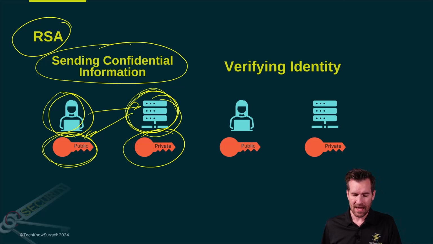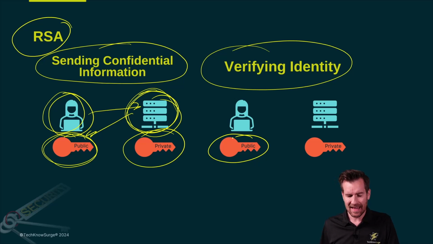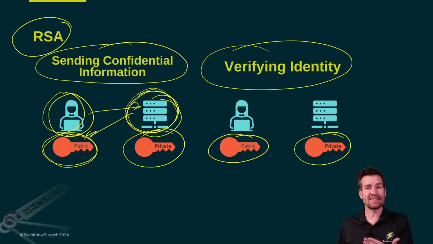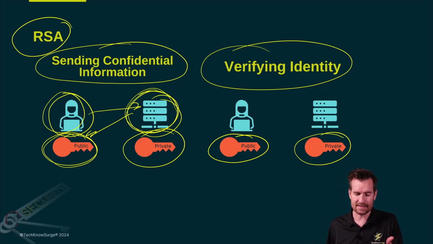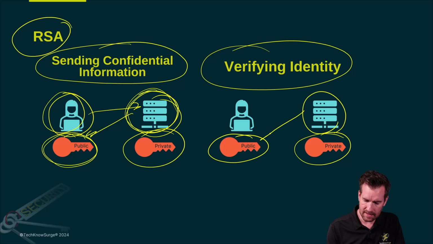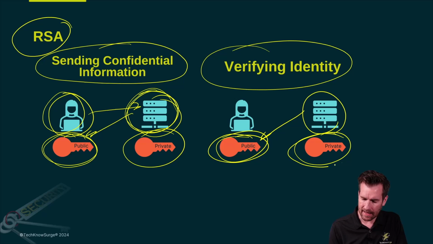So that's pretty cool. The other thing it can do is verify identity. It can verify that whatever this public key is, it is associated with a certain private key. That in itself doesn't necessarily confirm who somebody is, and doesn't necessarily confirm authenticity, but it helps in this process. So the web server gives this user its public key, and then it can encrypt data using its private key and send it to this user.